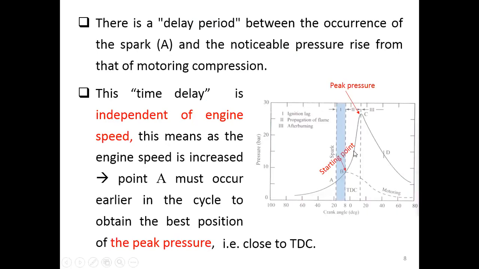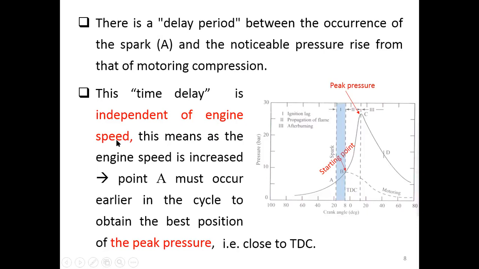Okay. So overall here, you can see that there is the delay period starting from the occurrence of point A, the ignition point, right? This is the delay period, and this time delay before combustion starts to happen is independent of the engine speed.